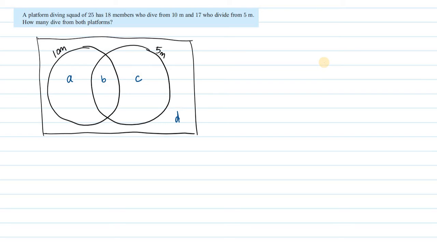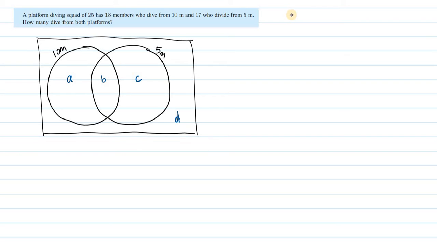A is going to represent those divers who only dive from 10 meters. B is going to represent those who dive from both. And C is going to represent those who only dive from 5 meters. So the platform diving squad has 25 members, 18 who dive from 10 and 17 who dive from 5.